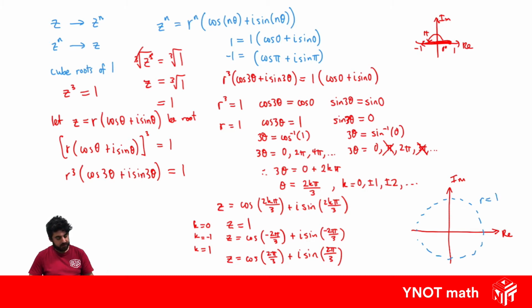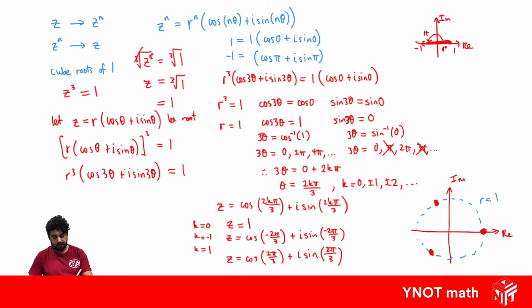And if we plot these out, we can use our angles to determine it. So when k was equal to 0, our angle was equal to 0. So our first root lies there, and that makes sense because that's where z equals 1. Our next one, when we had minus 2 pi on 3, that's about here. And 2 pi on 3 is there.